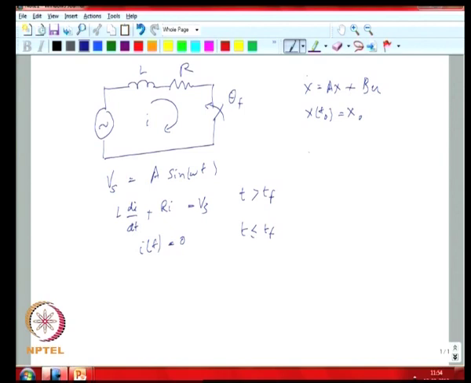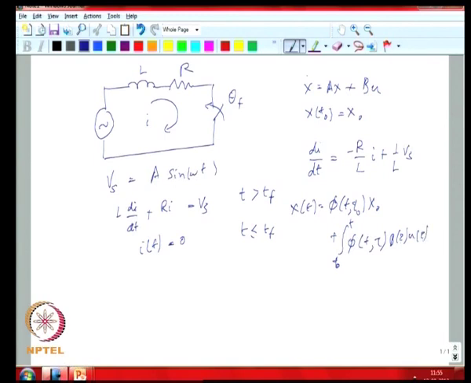So, our equation in this case is di by dt equal to minus R by L i plus 1 by L Vs. So, we know what the general solution for such an equation is, x of t is the state transition matrix times x naught plus integral t naught to t of phi of t comma tau, B of tau, u of tau d tau.